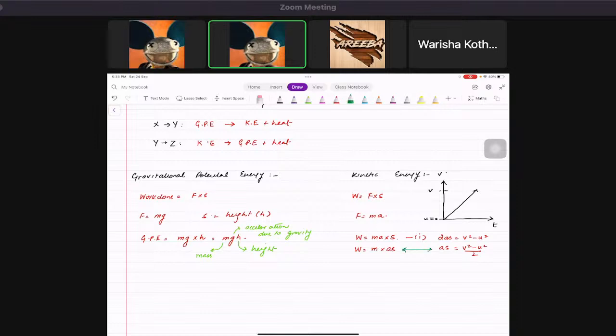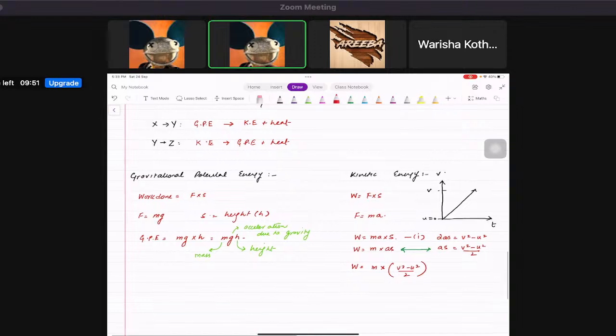Then the work becomes mass times (v square minus u square) over 2. So I've replaced as completely, and I get half m (v square minus u square). Since the initial velocity was 0, kinetic energy is half m (v square minus 0 square), which is half m v square. Is it clear?